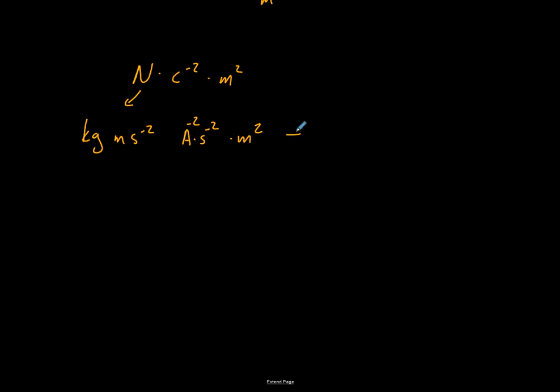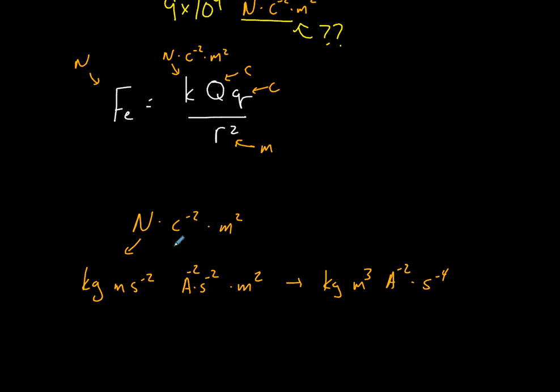Now we collect up all our units. We've got kilograms, meters cubed, amps -2 and seconds -4, I think. I'm going to double check on that. I've noticed it's written like that most of the time, but I'm pretty sure this is what it breaks down to. I have to do some digging just to make sure. To be quite honest, just leaving it like this is the most sensible.